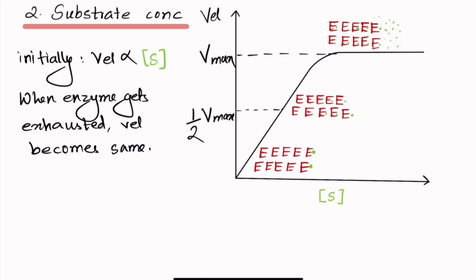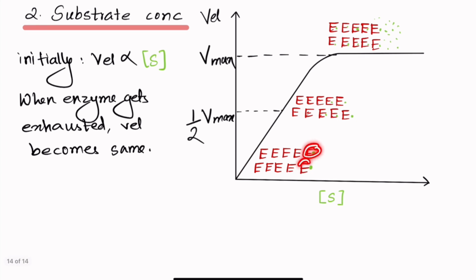Now, we increase the number of substrate molecules from 0 to 2. Then the velocity of the reaction increases because 2 molecules of enzymes are able to form 2 molecules of enzyme substrate complex. Upon further increasing the concentration of substrate, the velocity of the reaction further increases because more enzyme molecules are able to form even more enzyme substrate complex.